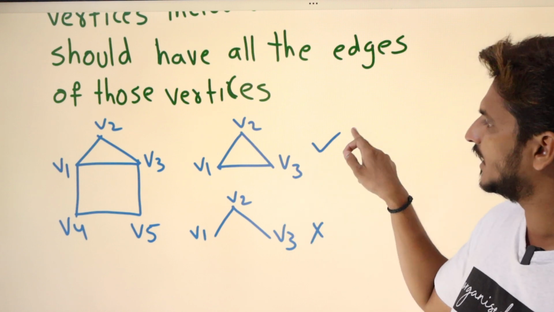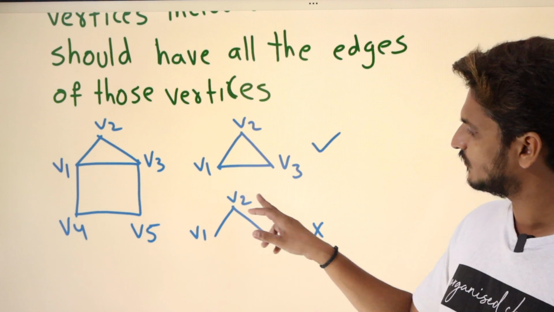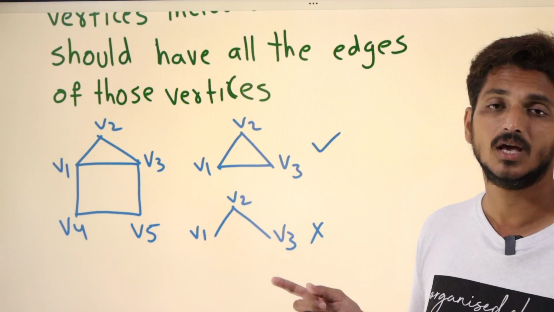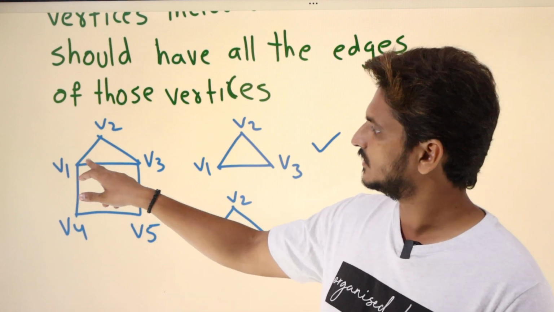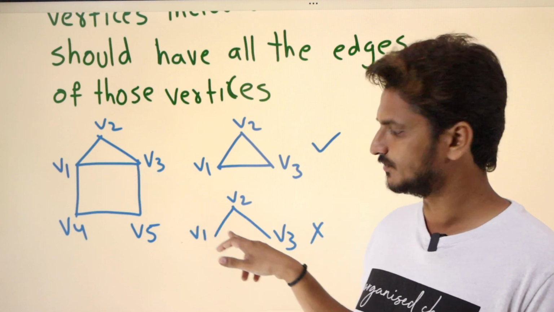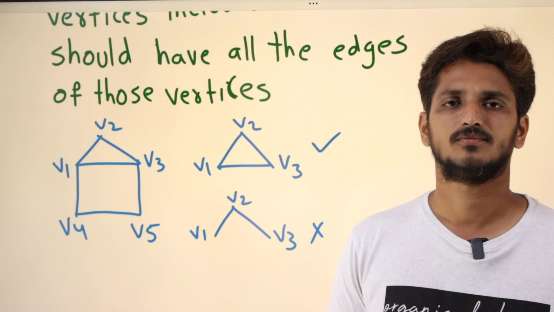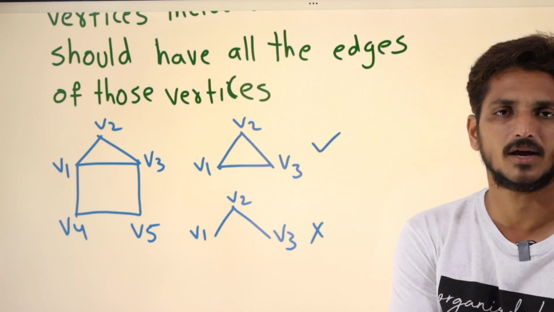So this is an induced subgraph. Similarly, this is one more subgraph with V1, V2, V3, but not all the edges that belong to V1, V2, V3 are included. This edge is missing. So we cannot say it is an induced subgraph. This is not induced, and this is an induced subgraph.